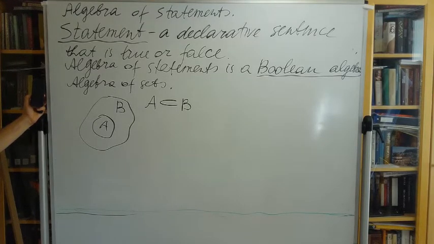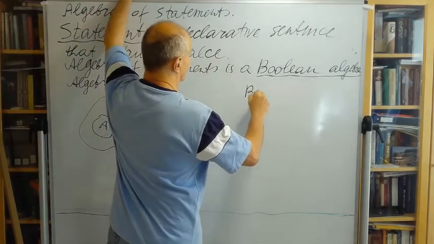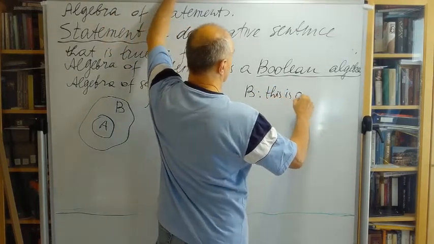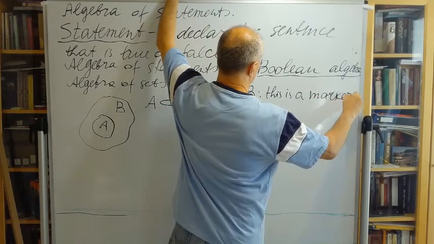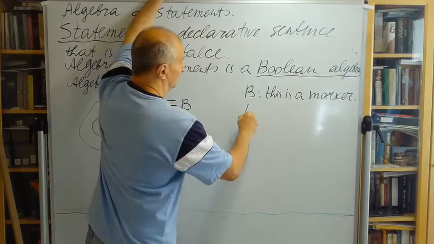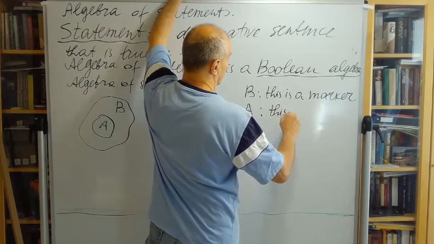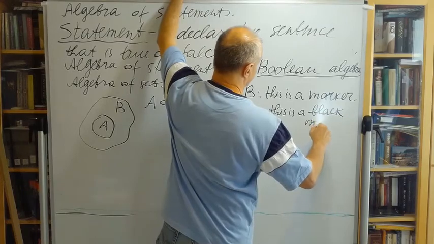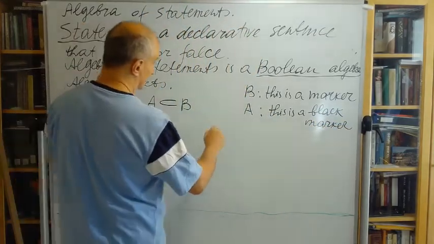And similarly with statements. Suppose statement B is: this is a marker. And statement A: this is a black marker. We can show it schematically by the same diagram.